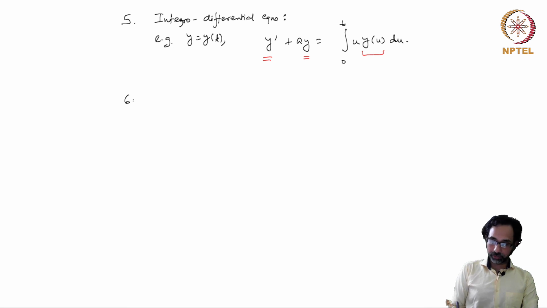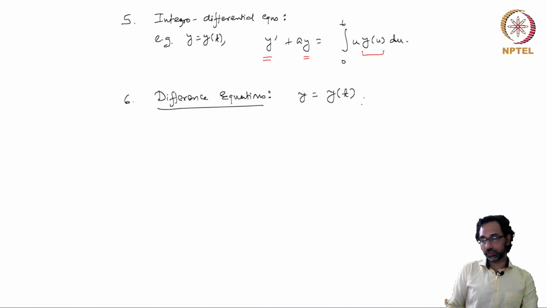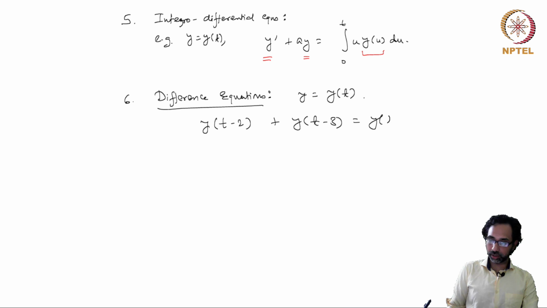Then we have difference equations. Here y is an unknown function of t, and you can have an equation of the form y(t minus 2) plus y(t minus 3) equals y(t minus 1).